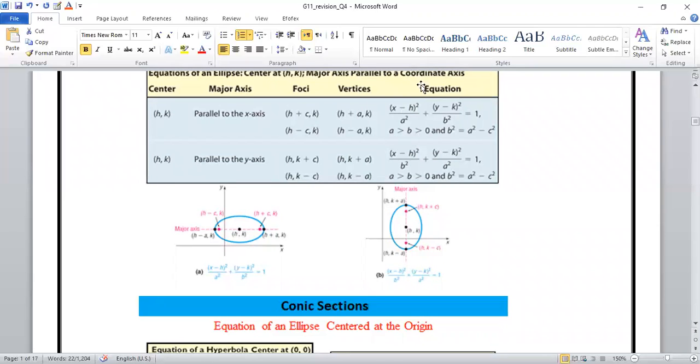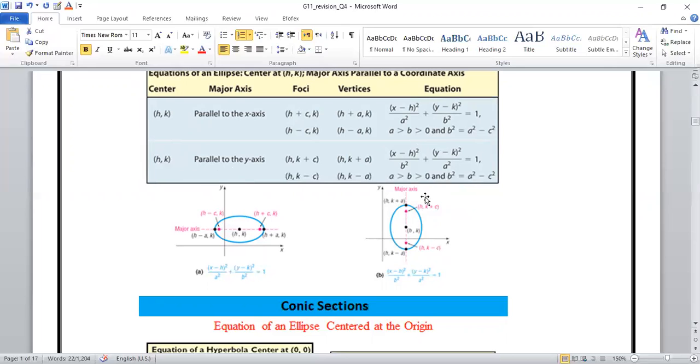We will substitute in the previous equation x by x minus h and y by y minus k all squared. Parallel to the x-axis, so we put x minus h above a. We know that a is always greater than b, which is greater than 0. And we have a relation between a, b, and c: b squared equals a squared minus c squared.